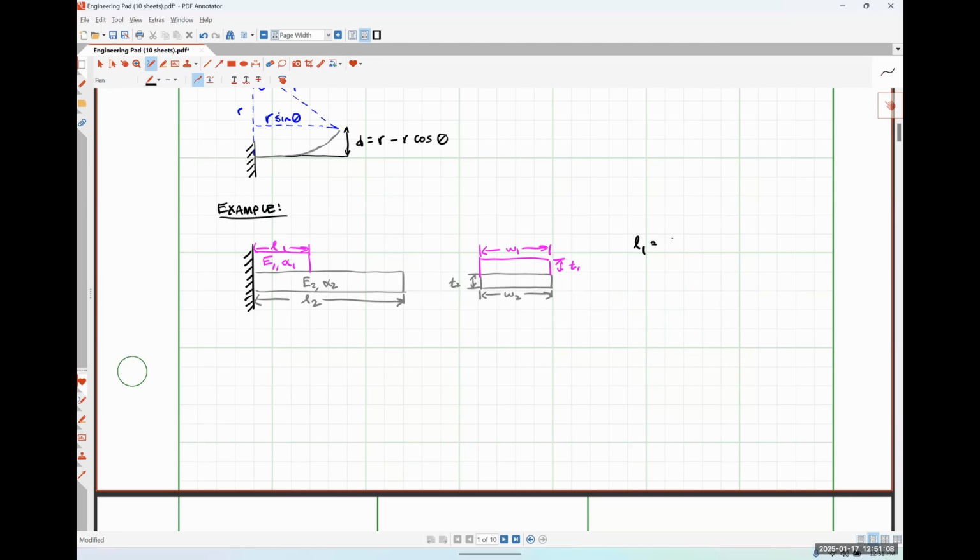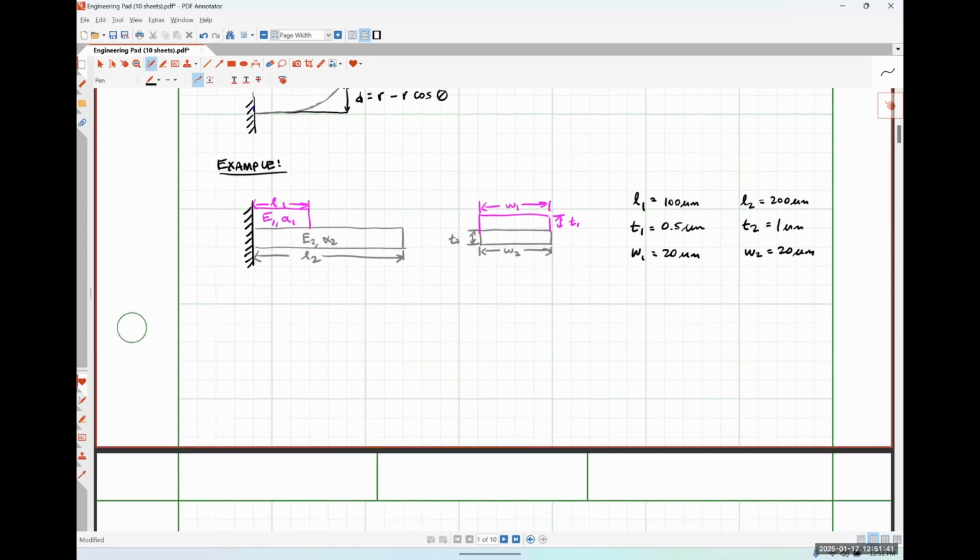Let's say that L1 is 100 microns, L2 is 200 microns, T1 is half a micron, T2 is 1 micron, W1 is 20 microns, and W2 is also 20 microns.